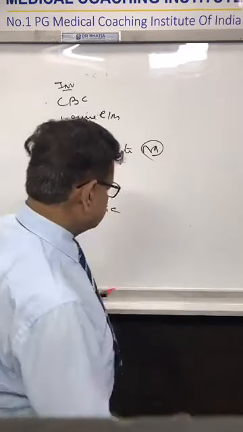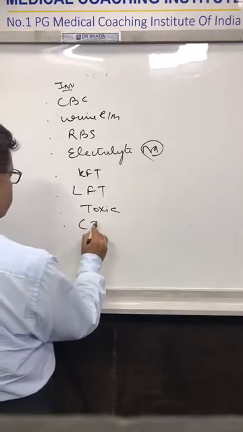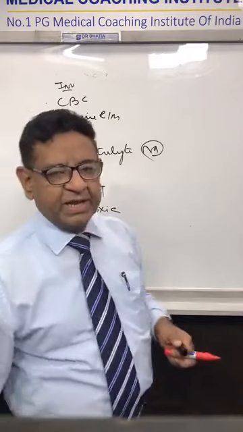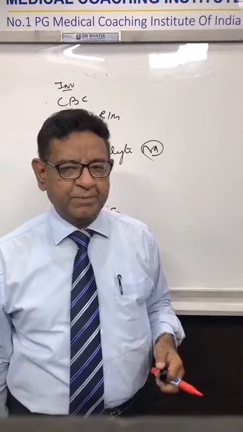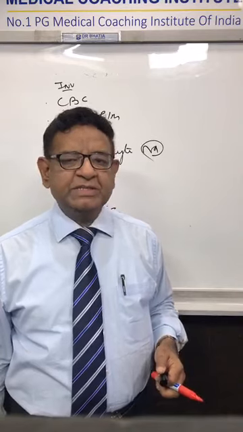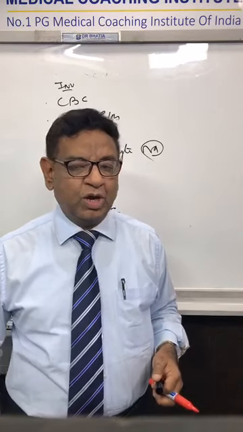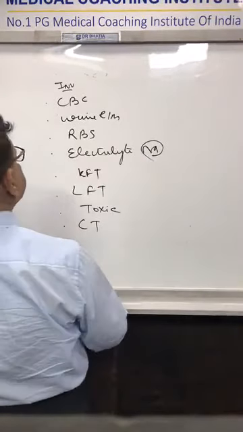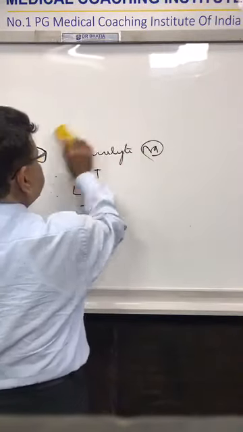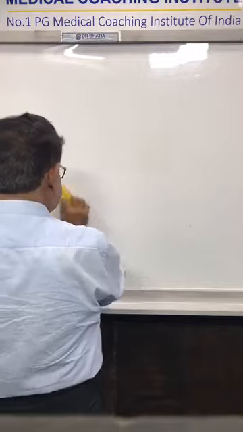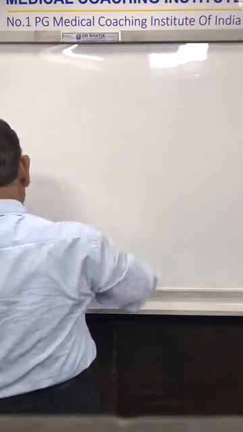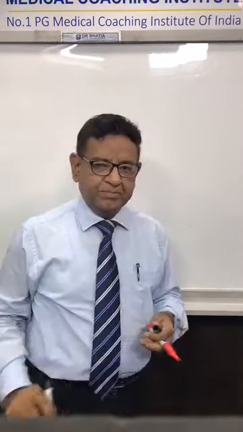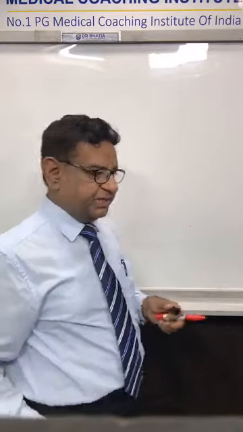And of course, you like to go for CT or MRI to rule out conditions like subdural hematoma. So remember, all these investigations are done to rule out pseudo-seizures. Okay?